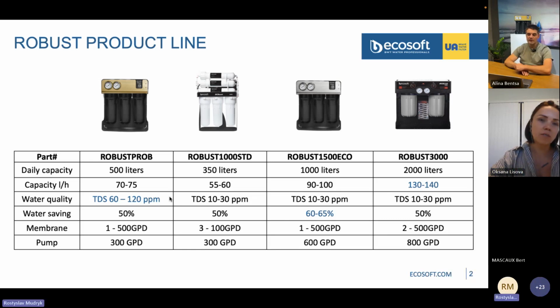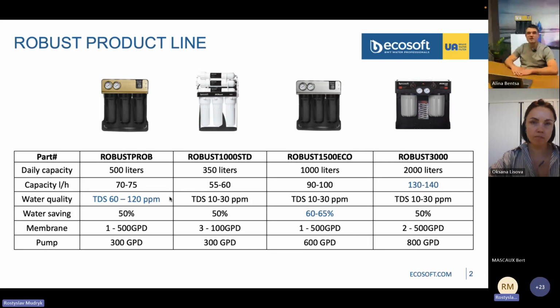If we compare Robust to the basic units, normally the competitors might have a recovery rate from 15 to 50%. So this is the parameter that you have to pay attention to when the end customer is comparing our Robust product with others.